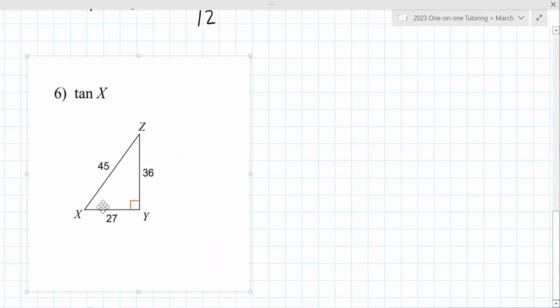All right, tangent of x, okay? Tangent is opposite over adjacent. Opposite over adjacent. Okay, so here's x.